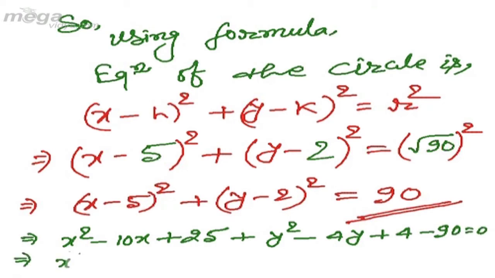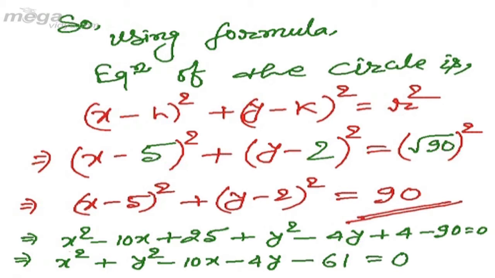Then we can write it as x square plus y square minus 10x minus 4y minus 61 equal to 0. You can write this also as a final answer. This is in the expanded form, which is called the general equation of a circle.